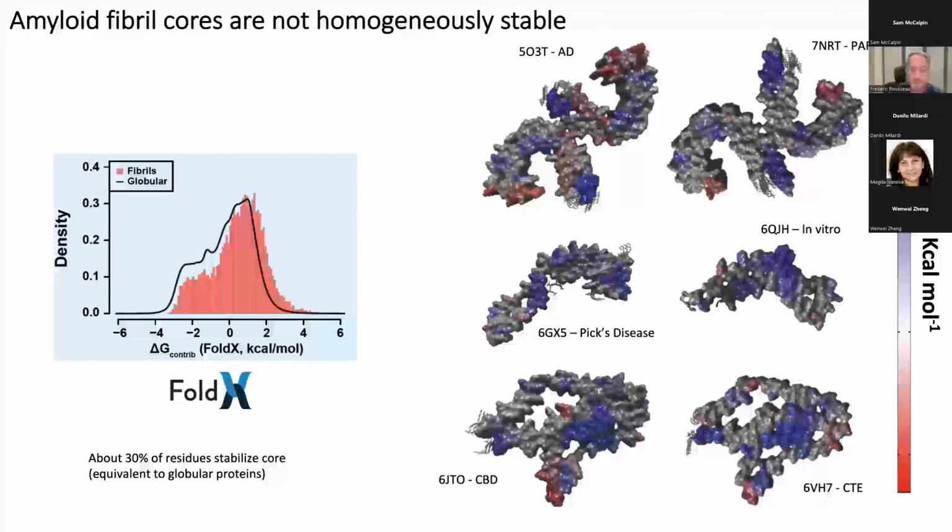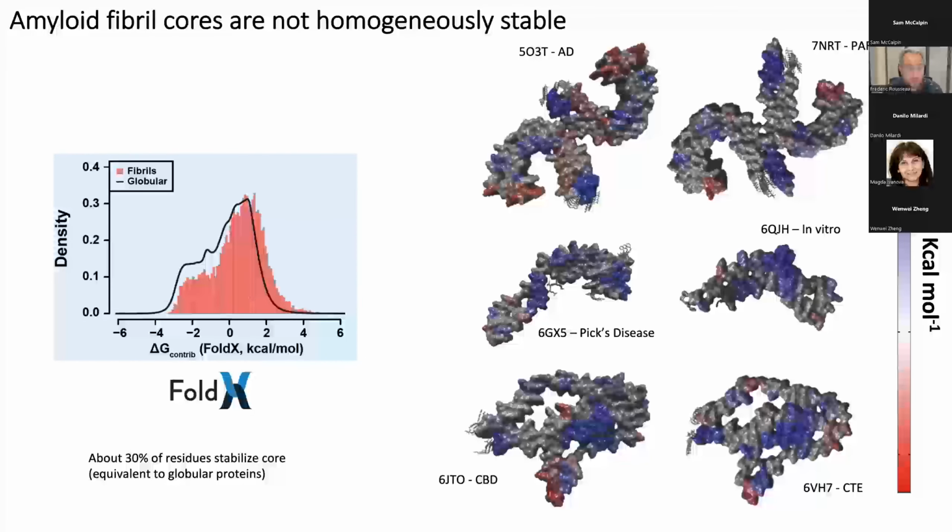If you compare the amount of residues that are either stabilizing, neutral, or destabilizing in these structures to what it is in globular proteins, you can see that the distribution is more or less similar in the two types of structures. So in that sense, amyloids are just another fold.